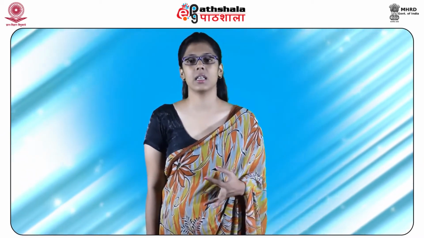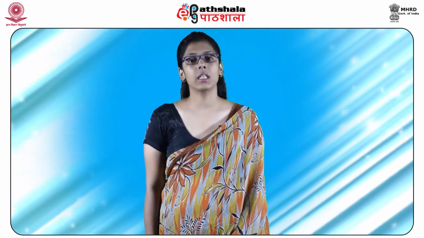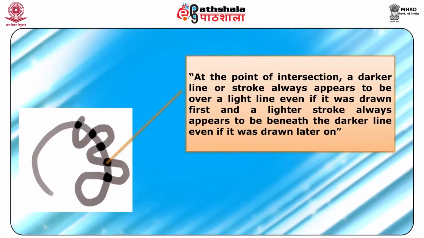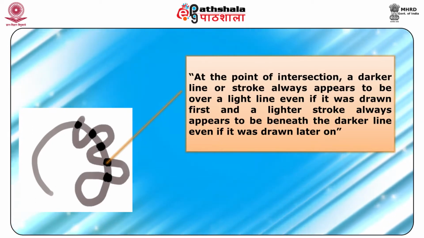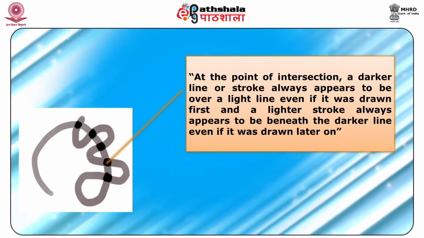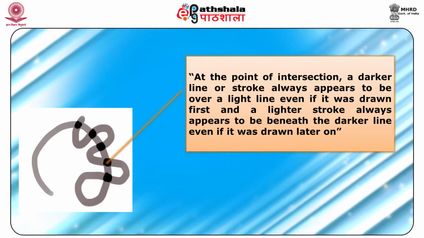But now, with the advancement of techniques, it is possible to ascertain the sequence of intersecting lines in most cases. The examiner should always keep in mind the optical illusion that at the point of intersection, a darker line or stroke always appears to be over a lighter line, even if it was drawn first, and a lighter stroke always appears to be beneath the darker line, even if it was drawn later.